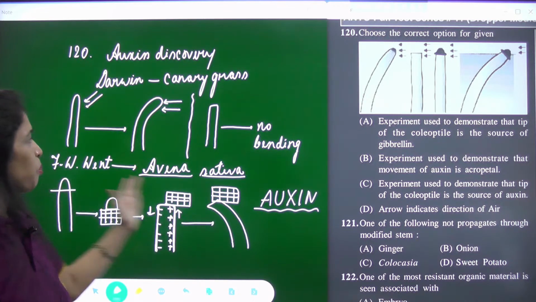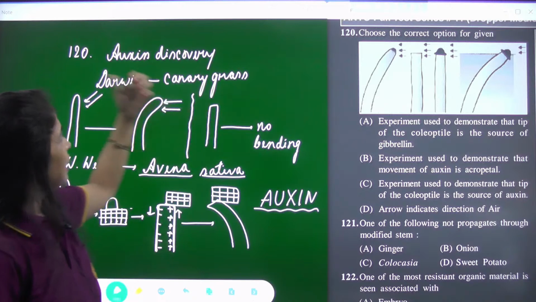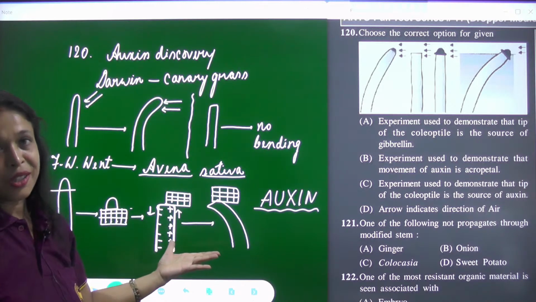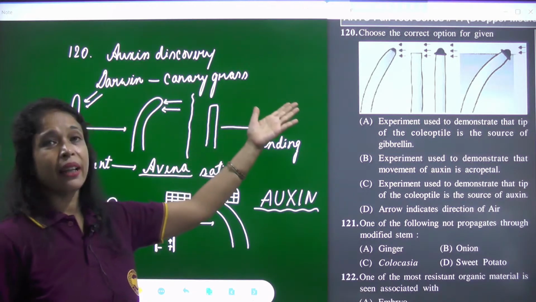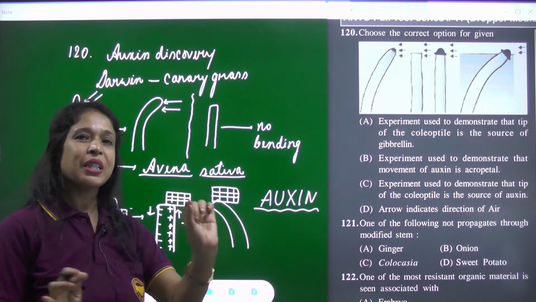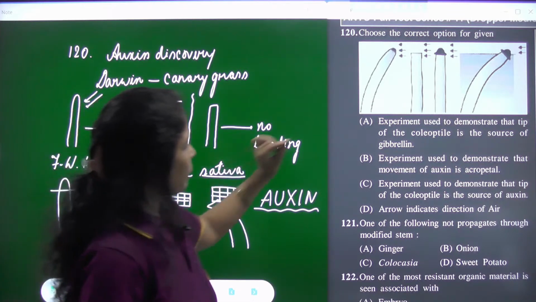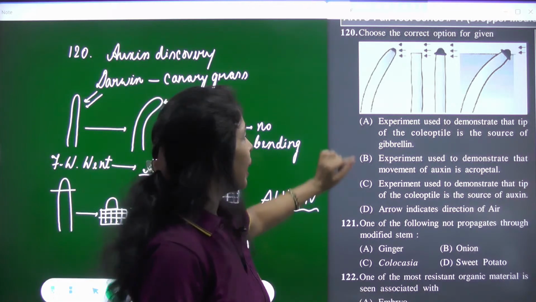It's a very important experiment. From the diagram itself it is easily understood that it depicts the discovery of auxin secreted by the coleoptile tip. So we will read the statements accordingly.